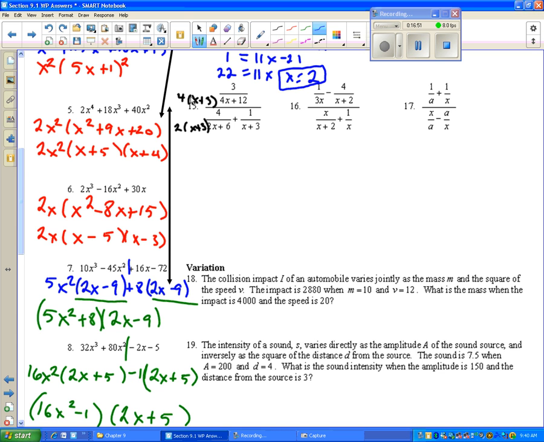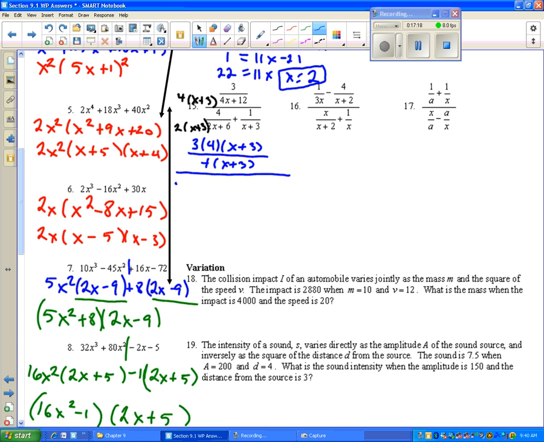So let's continue. I'm going to multiply my top and bottom of my fraction by my LCD, 4 times x plus 3. So I'm going to end up with 3 times 4 times x plus 3 over, now this I factored to 4 times x plus 3, big fraction bar.